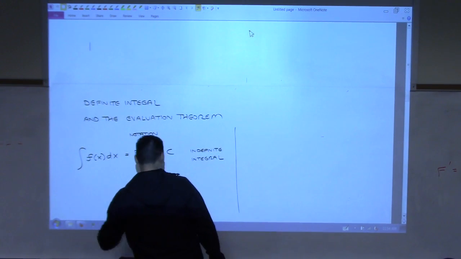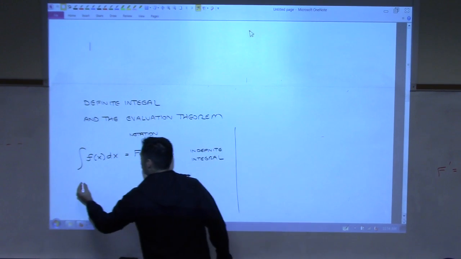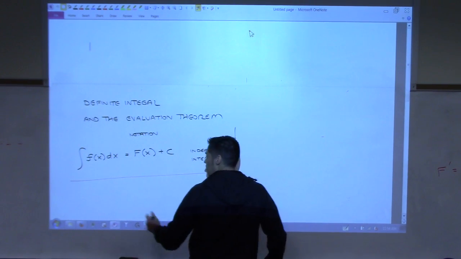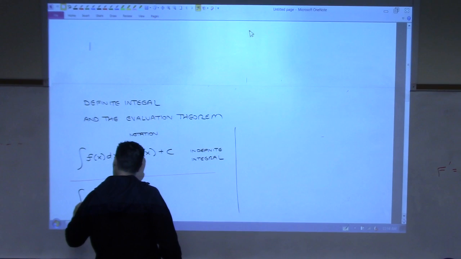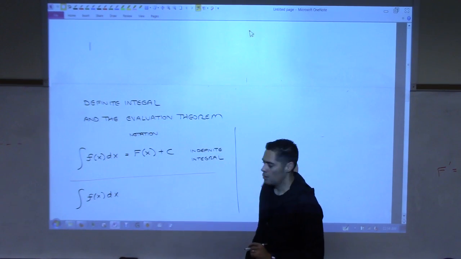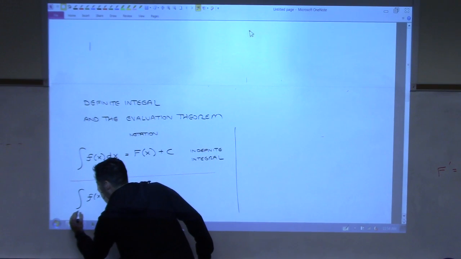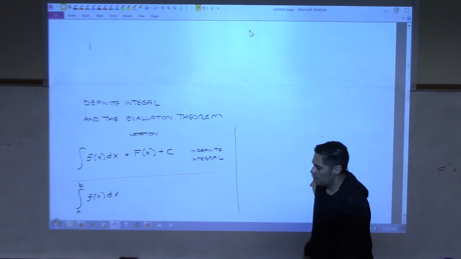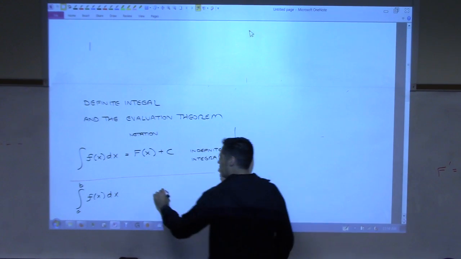That's different from this next thing where our notation is going to change, which is integral f of x dx. All that's the same, right? But now what I'm going to do is down here, I'm going to put an a, and up here I'm going to put a b. This is called the definite integral.